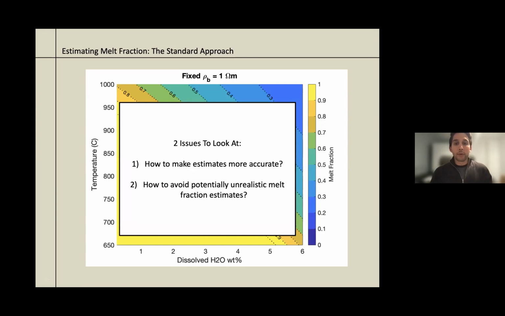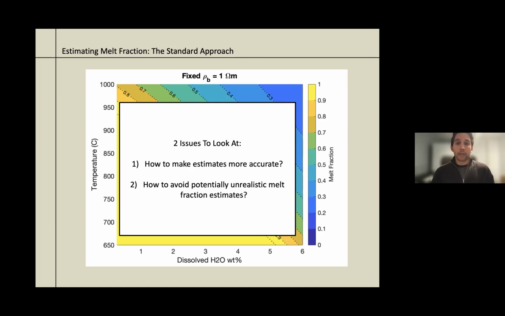So that's laying out the two pitfalls. There's the one which is more obvious, and that's just how do we make these estimates more accurate, right? We have this huge range of 38% to 90% melt, which is so massive that it's almost not useful. And then the second problem is how do you avoid these potentially unrealistic melt fraction estimates that just don't really make sense thermodynamically based on the temperature and dissolved water content. So those are the two issues.